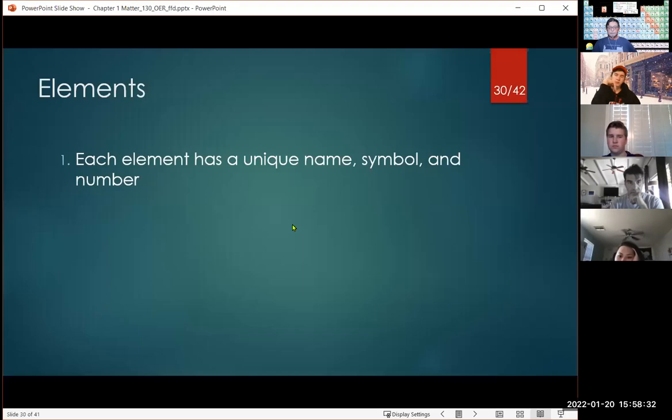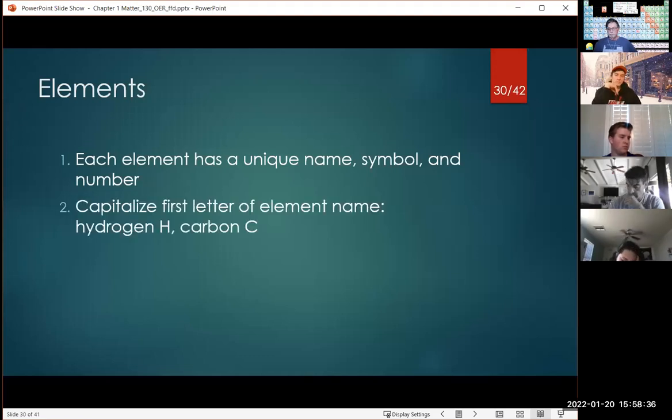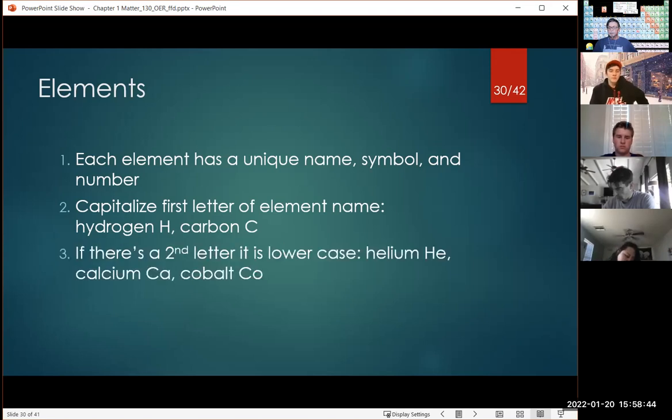All right. So each element has a unique name, symbol, and number. The first letter is always capitalized, for example H for hydrogen, C for carbon. And if it has a second letter, it is lowercase.